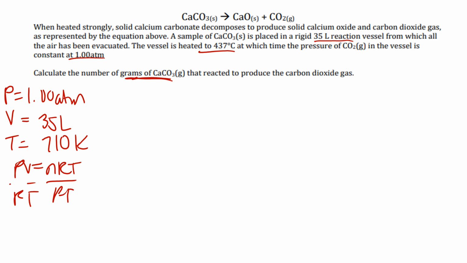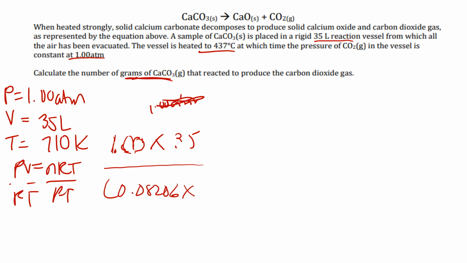So PV is 1.00 atm times 35 liters, divided by 0.08206 times 710, in parentheses.